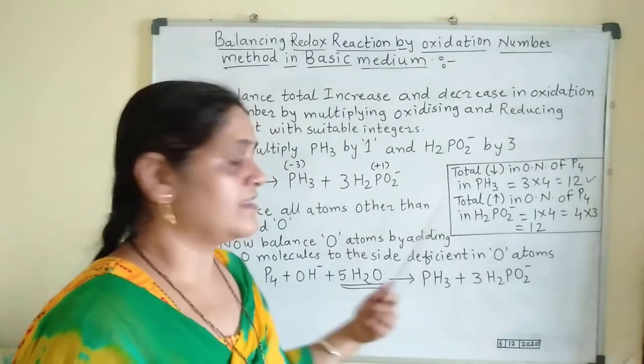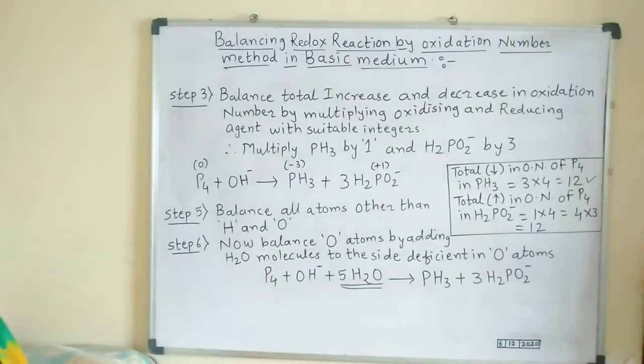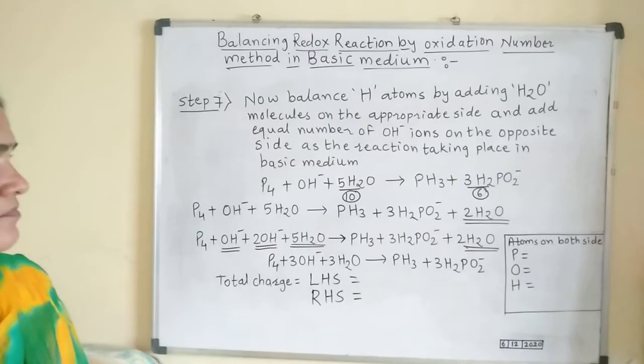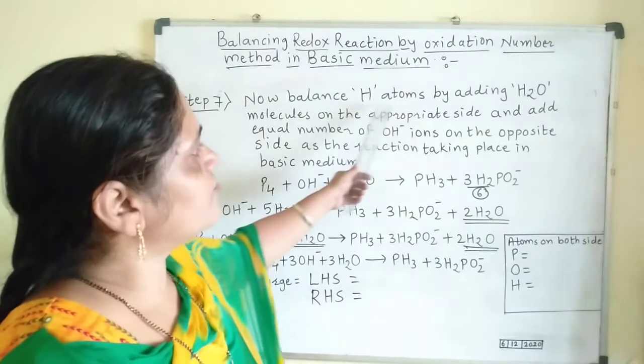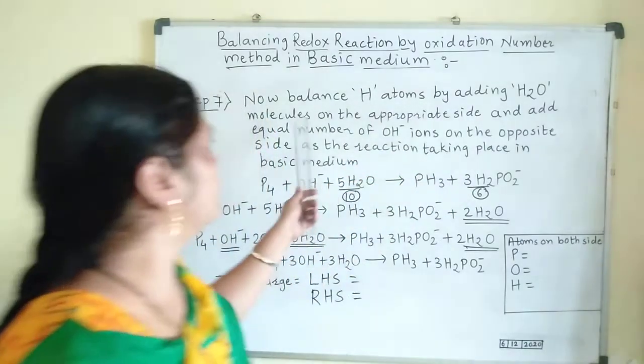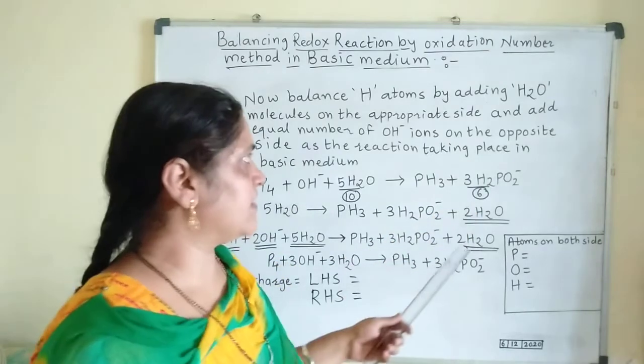Now we will see the next step of the reaction. Now student, we will see the next step. Now balance hydrogen atoms by adding water molecules on the appropriate side. Which side needs hydrogen atoms to balance?